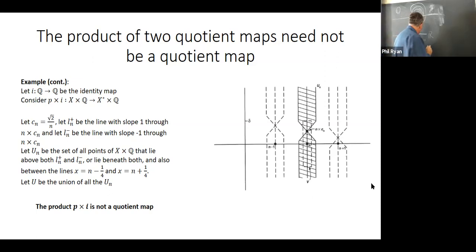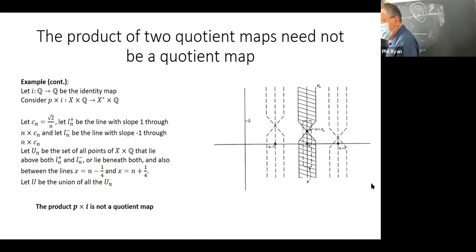And the reason is, we do know definitely one element of U prime, and that is this point Z, which is all the positive integers associated with each other cross 0. So this point here is all the same point, and that's going to be in our set U.